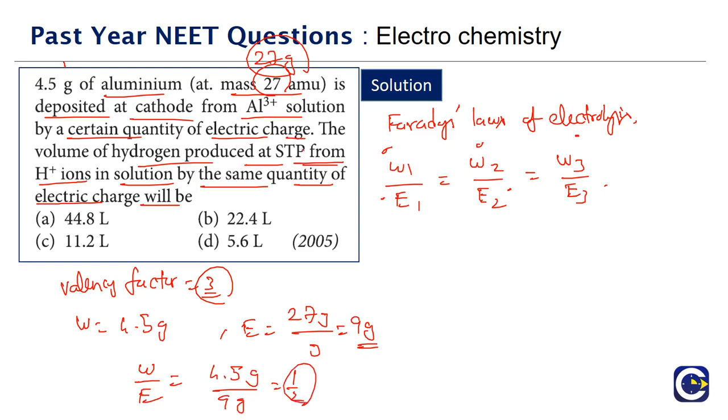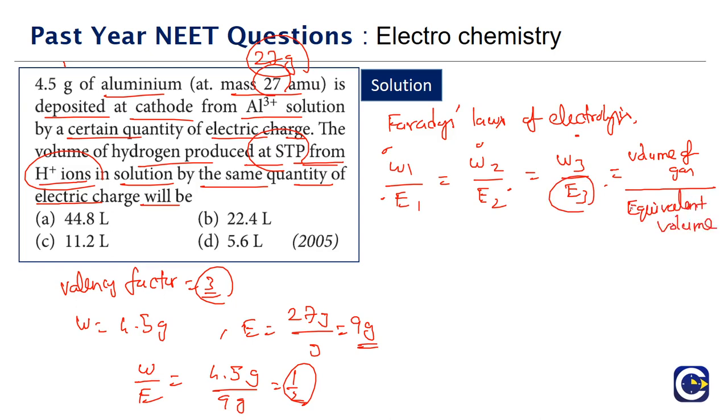On the other side, we are talking in terms of the volume of the gas released at STP. So if you are comparing mass on one side and volume on the other, then we can write it as the volume of the gas released divided by, in place of equivalent weight, the equivalent volume.